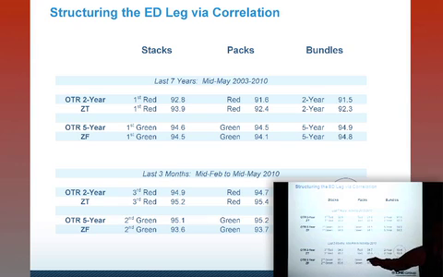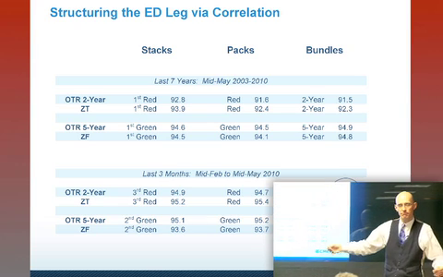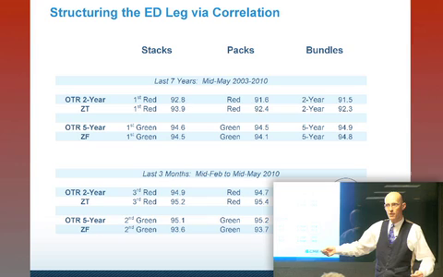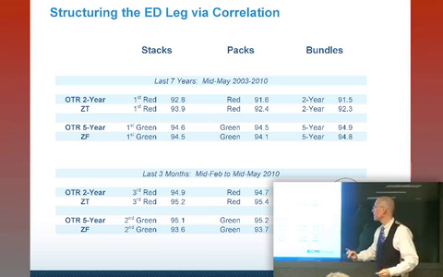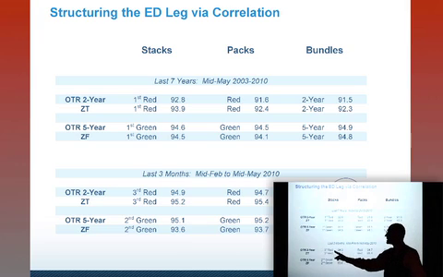If maximum correlation is the rule of thumb you're using in choosing which euro-dollar future you're going to employ in making the spread, well, lately third red instead of first red might be preferable. The second green might be preferred to the first green. There's no rule that says you have to choose one or the other.